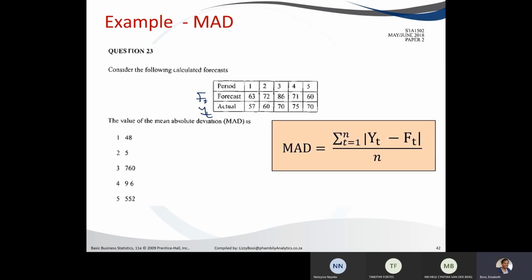Now that we know what the formula is, we can calculate the MAD.